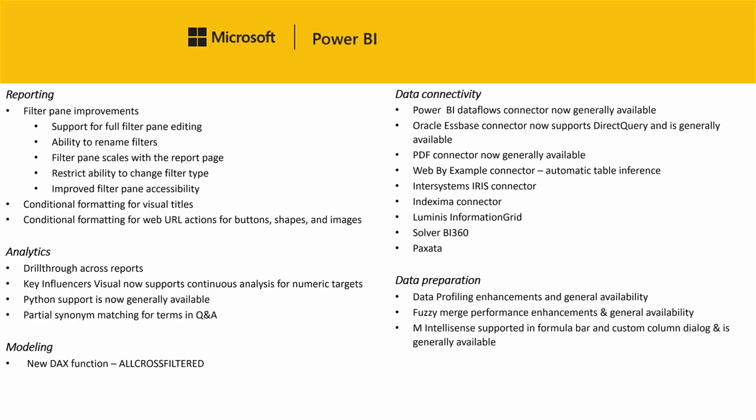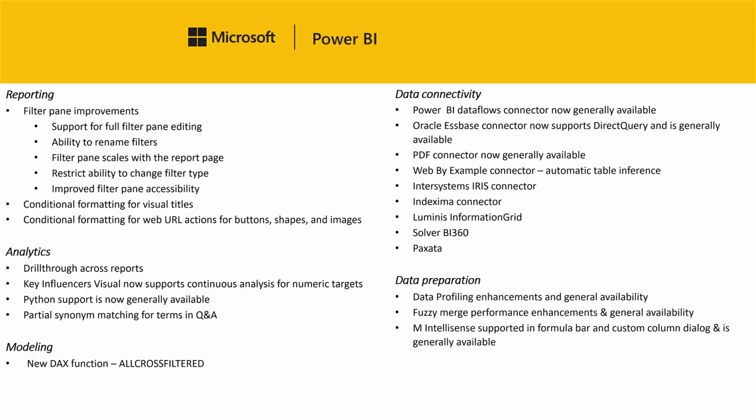One thing to note for both of these two connectors is that in order to refresh the datasets in the Power BI service that you're building off of these connectors, you will need to install the April update of the on-premises data gateway, which is going to be released later this month. And you can monitor the Power BI blog for when that release announcement happens.